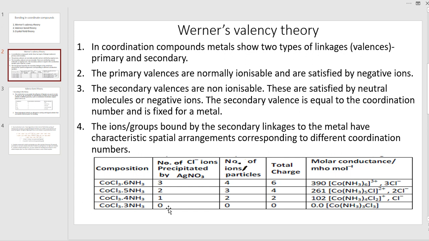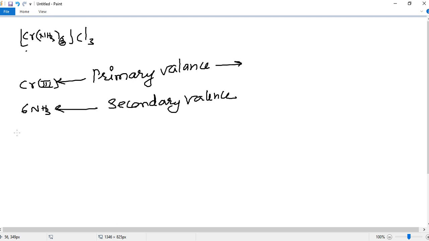So अगर अब हम बात करें इनके स्ट्रक्चर की, अगर मैं इन्हें चारों कंपाउंड का स्ट्रक्चर बताऊं जिसके हिसाब से उन्हें अरेंजमेंट मिले हैं, तो पहले कंपाउंड का स्ट्रक्चर क्या होगा देखिएगा, [Co(NH3)6]Cl3.